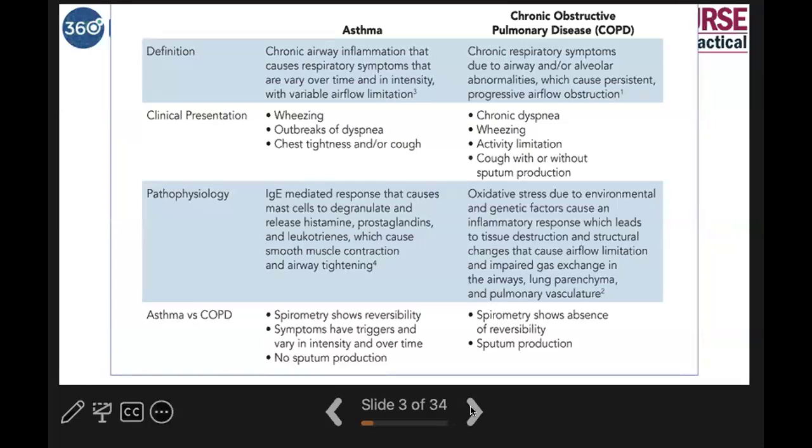So you have to address the ventilator setting or even the NIV setting as per that required airway, but not like in asthma. Okay. So there is going to be chronic respiratory symptom due to airway or alveolar abnormalities, which cause persistent progressive airflow obstruction. Okay. The symptoms in both situations are going to be more or less the same.